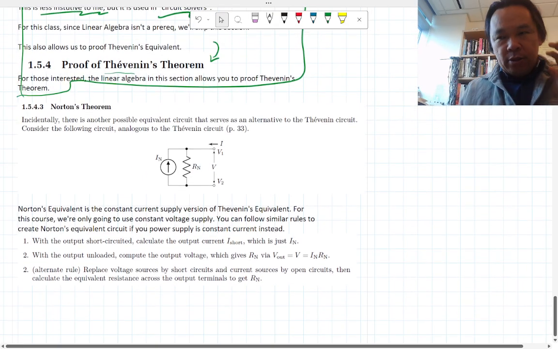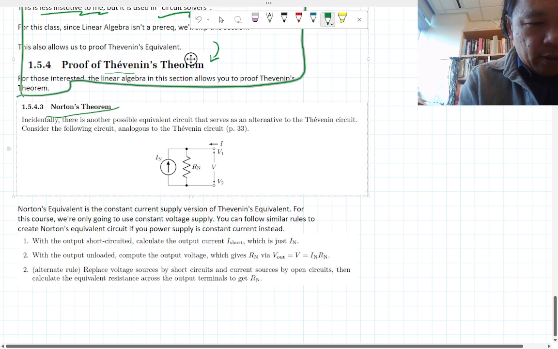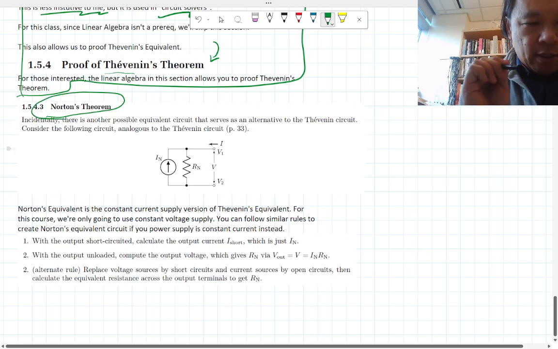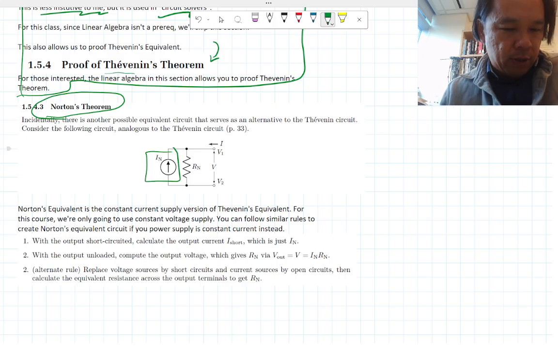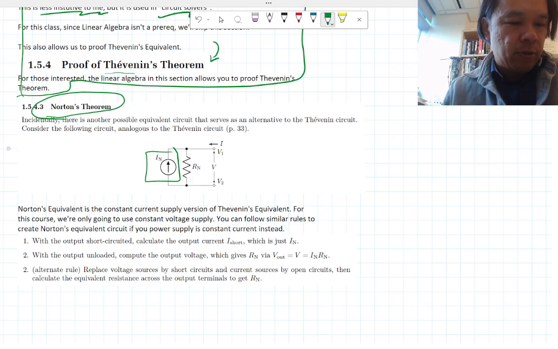Okay, so the last thing I'll quickly chat about is Norton's theorem. Norton's theorem is basically the same thing as Thevenin's theorem, but the difference is that it's designed for a constant current supply as opposed to a constant voltage supply.